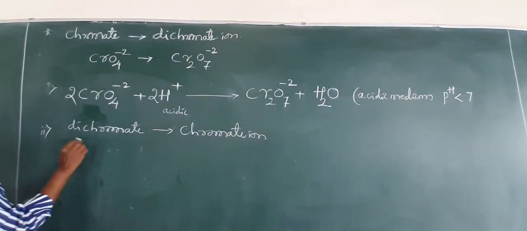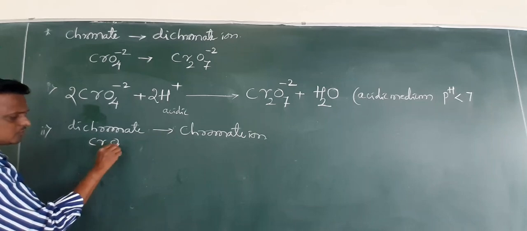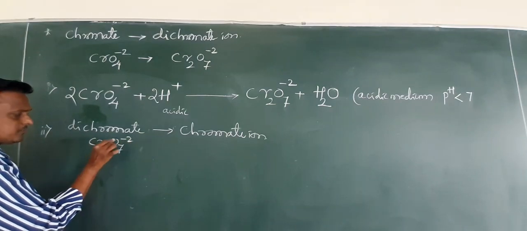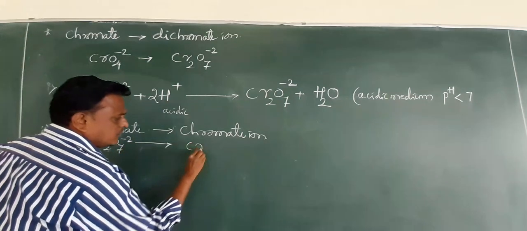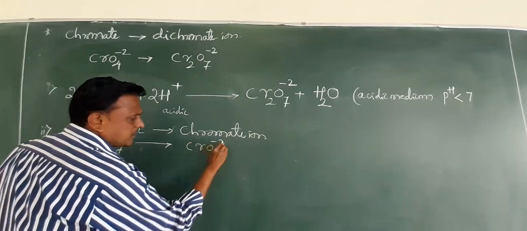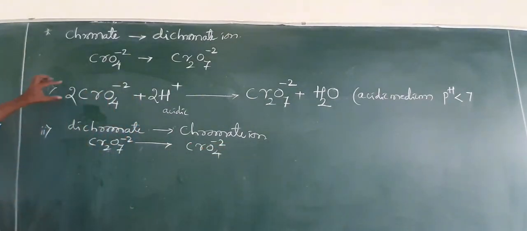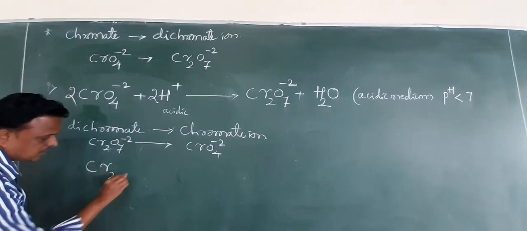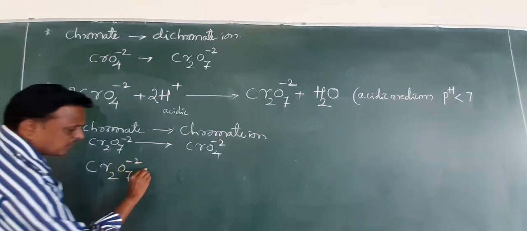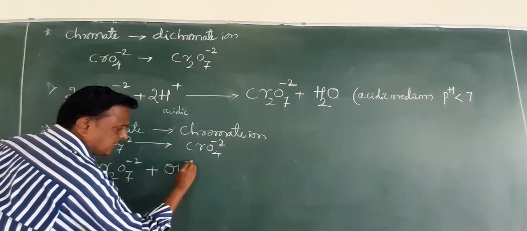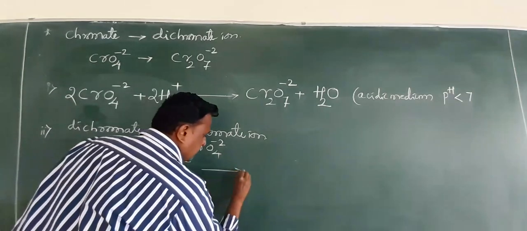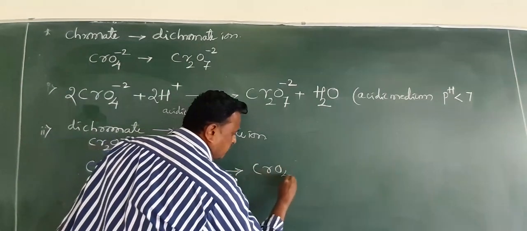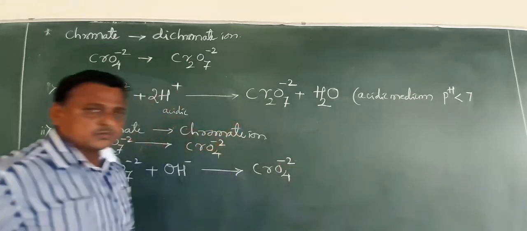So simply, the dichromate formula Cr2O7 2 minus is converted into CrO4. Here it was acidic; obviously here it is a basic medium. Basic stands for OH minus. The conversion of Cr2O7 2 minus to the compound CrO4 2 minus.